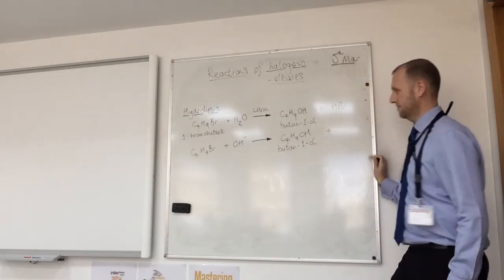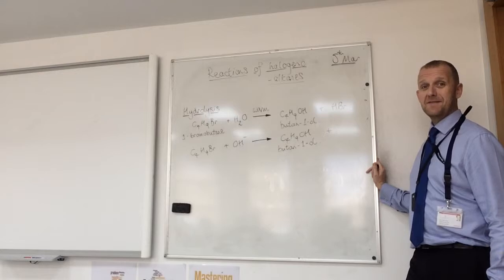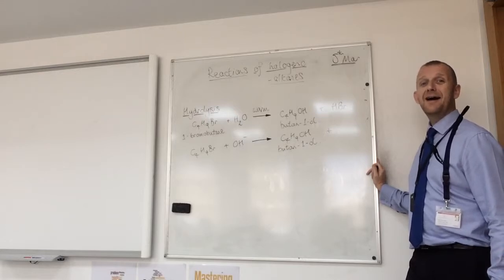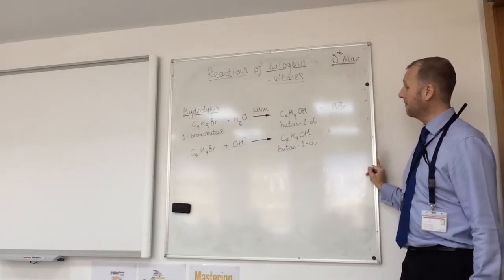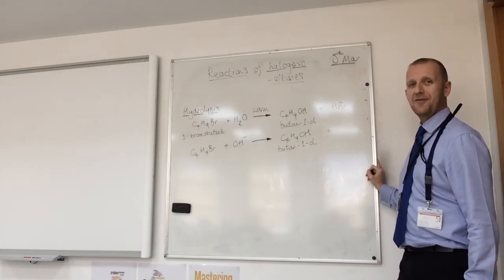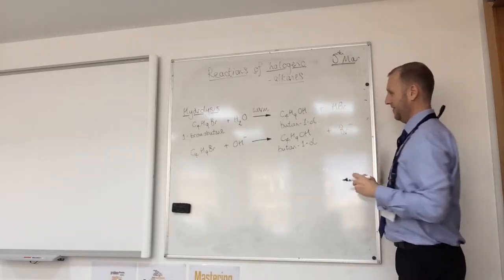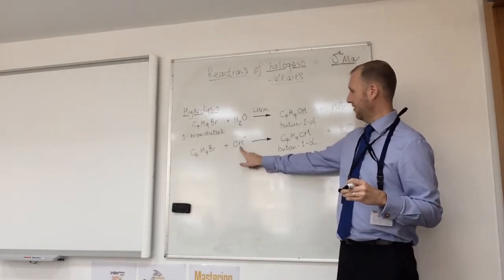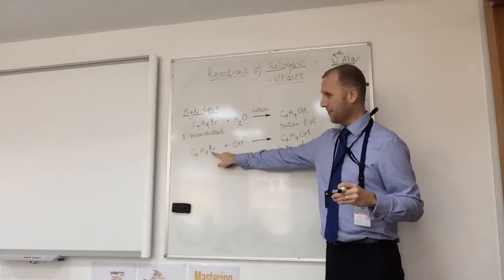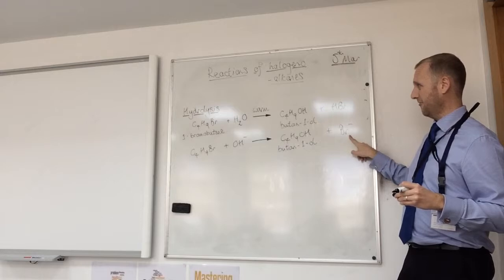What's left over? Br minus, yeah? I'm not sure that there is a hydrogen left. If you think about this, the OH minus has substituted for this, and this goes off with a negative charge.